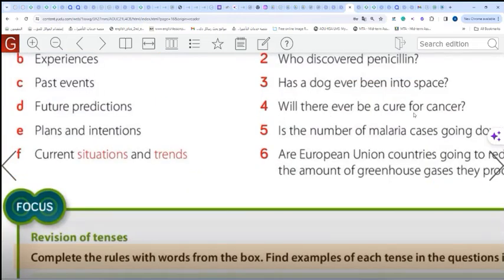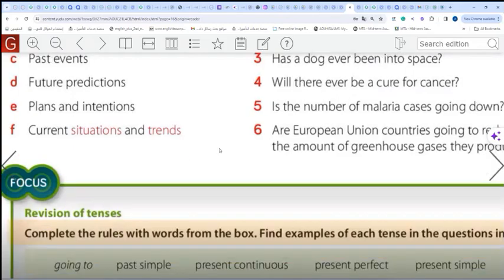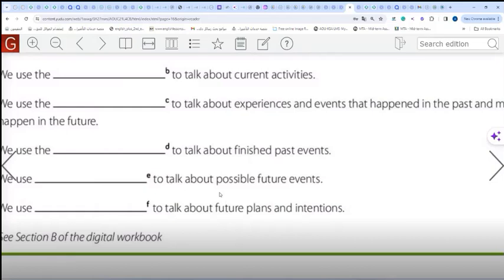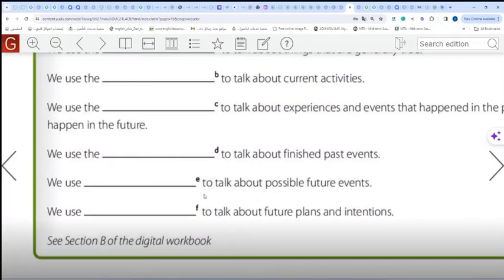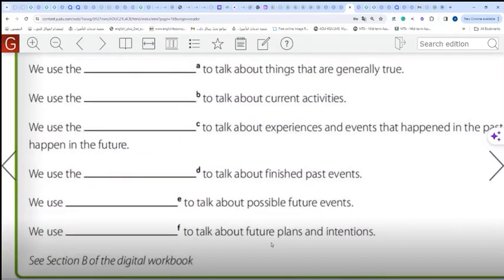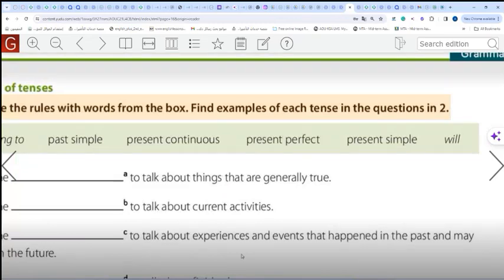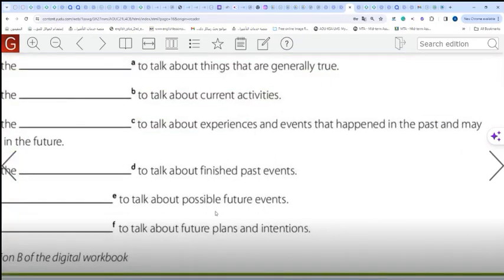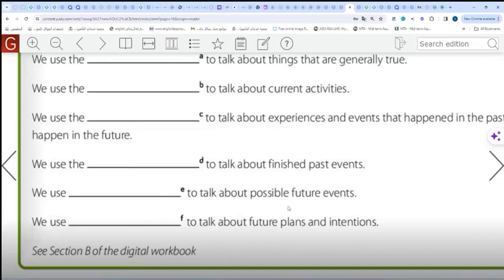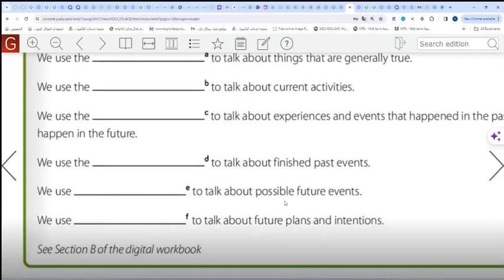This is a future prediction, to predict the future or events in the future. Dear students, again, we use will to talk about future events or possible future events or future predictions.